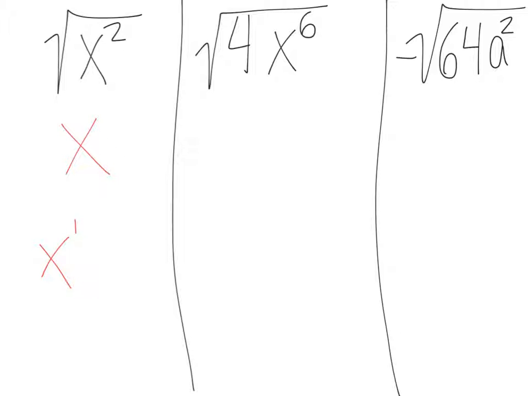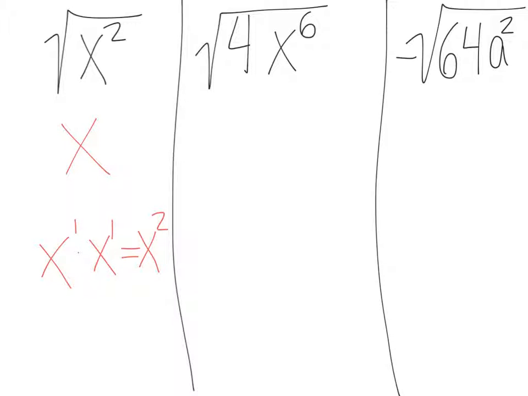And when I take x and I multiply times itself, remember I add the exponents. That's from our properties of exponents from the last chapter. So x times x gives me x squared. And that's what a perfect square is. It's what number can I multiply times itself that will give me this. And the answer is x.